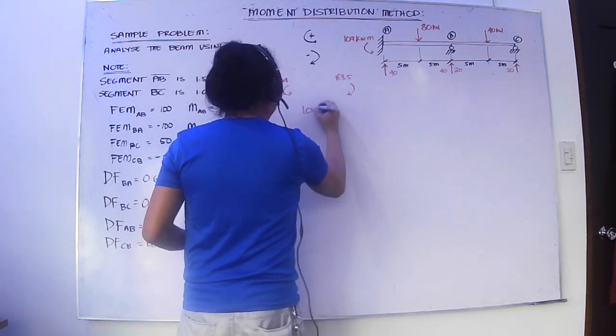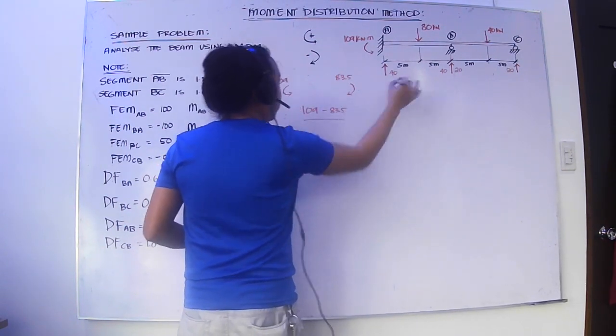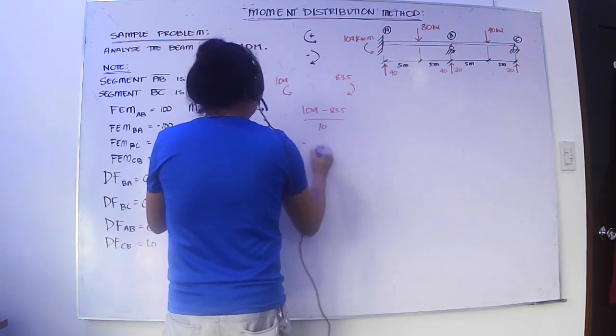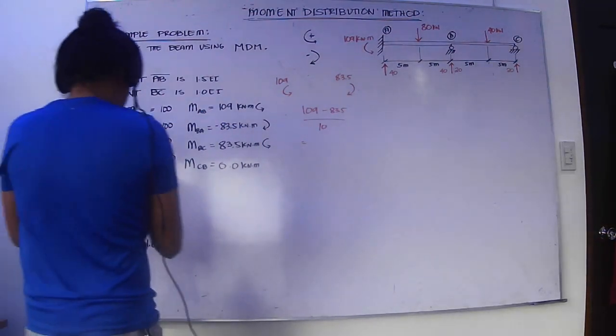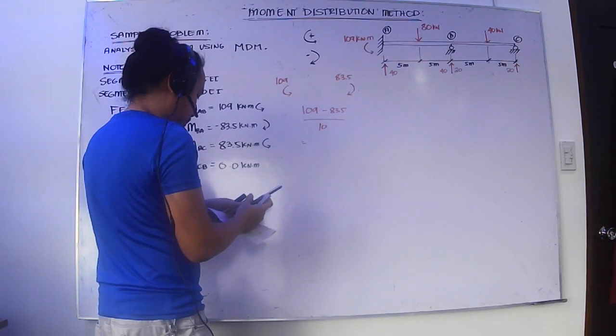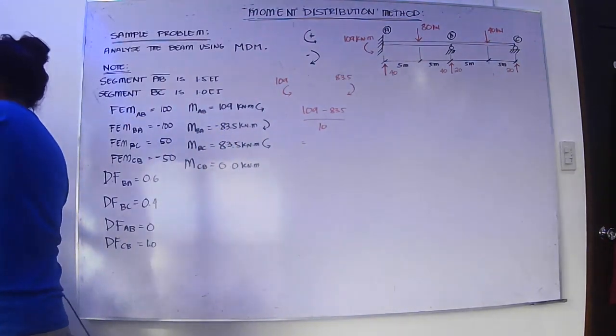So 109 minus 83.5, divided by the length, 10. That should be equal to 109 minus 83.5, which is 2.55.